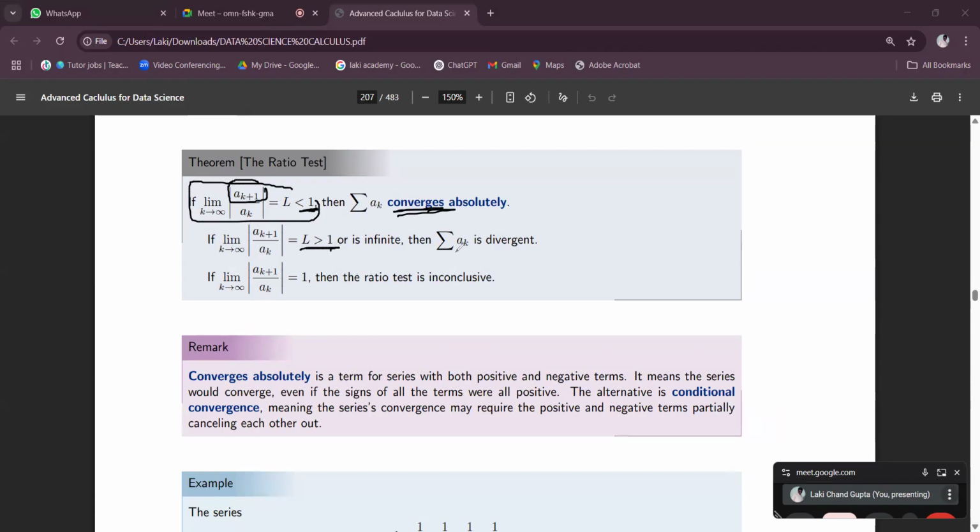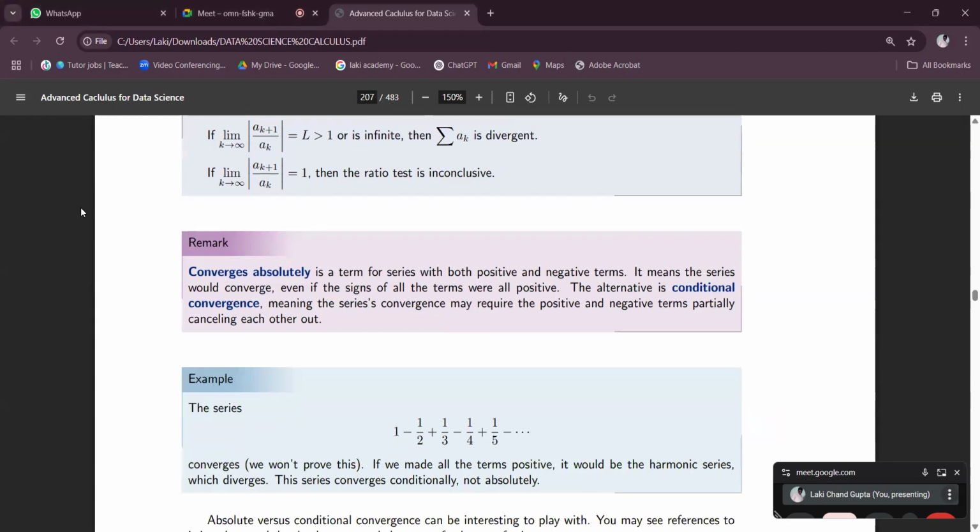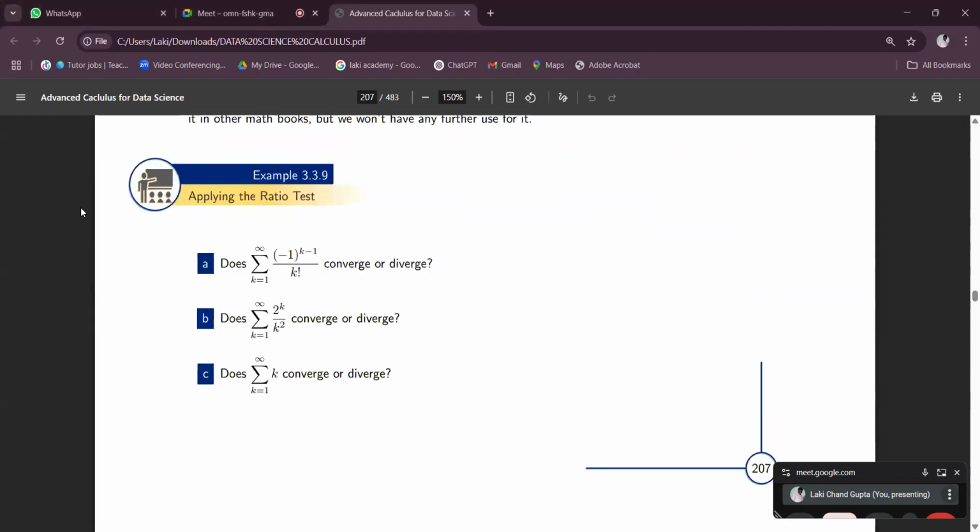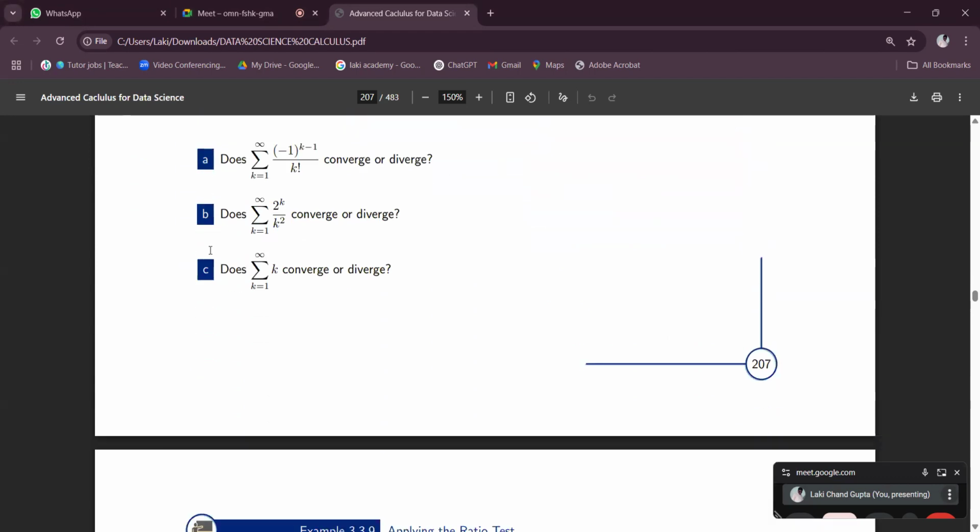If it is greater than 1, this is divergent. If it is equal to 1, then this is neither convergent nor divergent, in conclusion. Okay. For example, if I ask, see this first question.